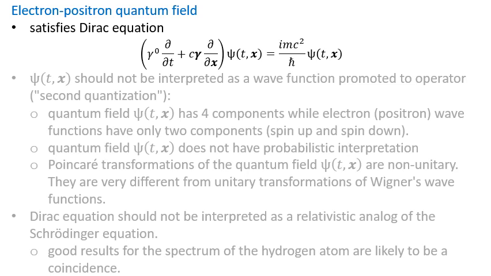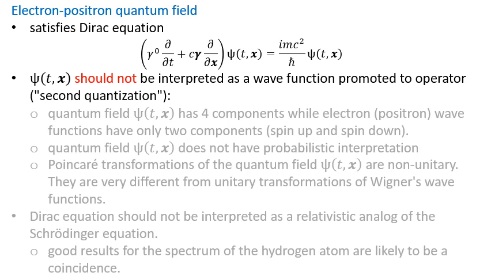Let me now say a few words about the physical interpretation of what we just did. First, one can prove explicitly that the electron-positron quantum field satisfies the Dirac equation. In many textbooks, you can find statements to the effect that this quantum field can be interpreted as some kind of a second quantized electron wave function, and that the Dirac equation is a relativistic analog of the Schrödinger equation.